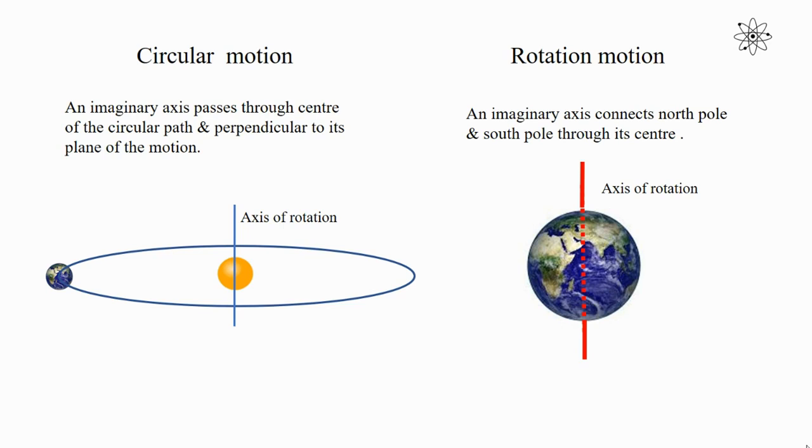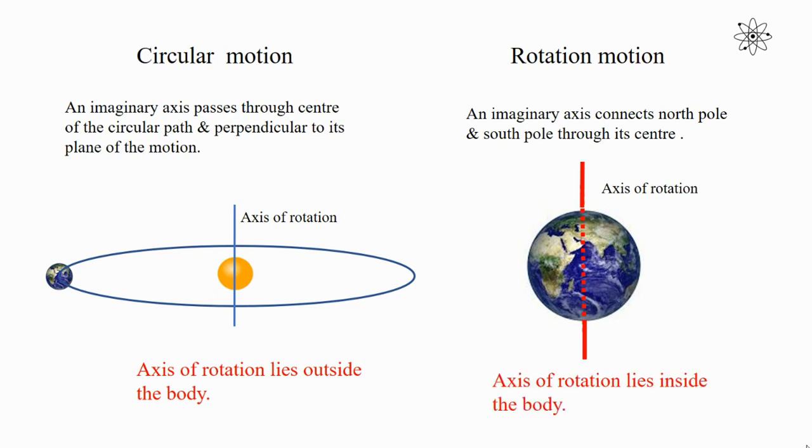In other words, it is not part of the body which performs circular motion, but it passes through the center of the circular path and perpendicular to its plane of motion. From this we can say, students, in a circular motion, the axis of rotation lies outside the body. In the case of a rotational motion, the axis of rotation lies inside the body.